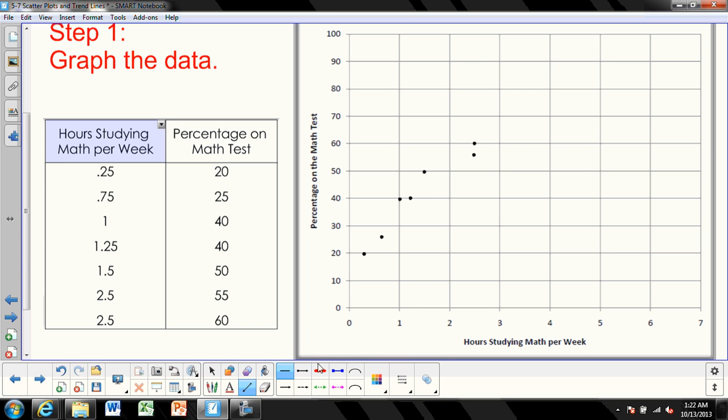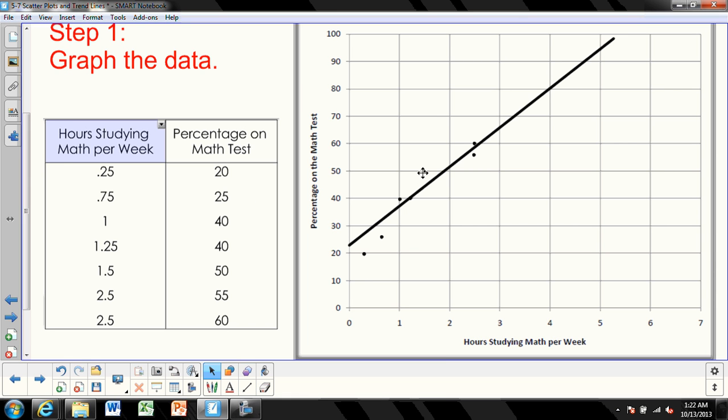So now what you want to do is try to draw a line through it. And I definitely suggest a ruler for this. Okay, we can pass through one of the points and continue straight up.